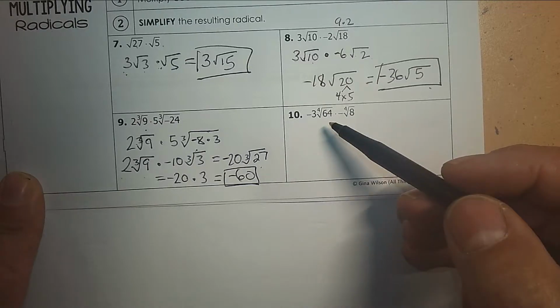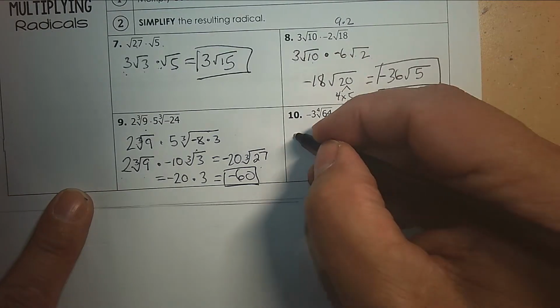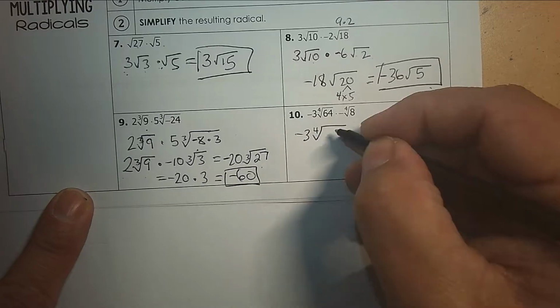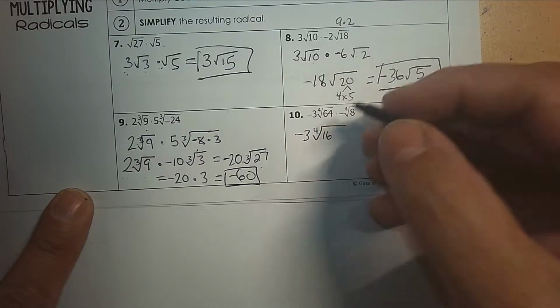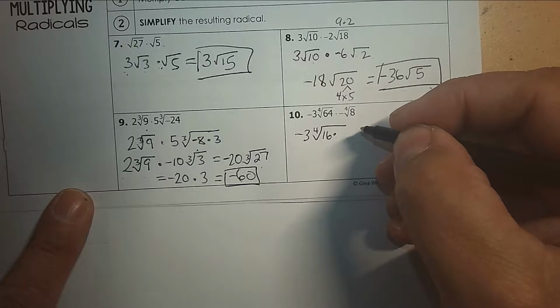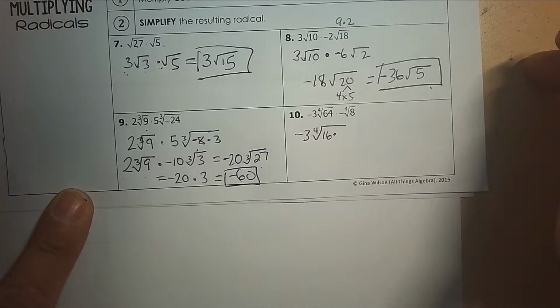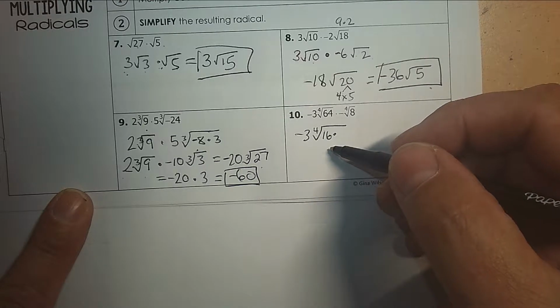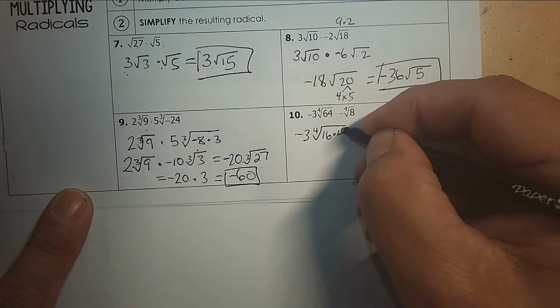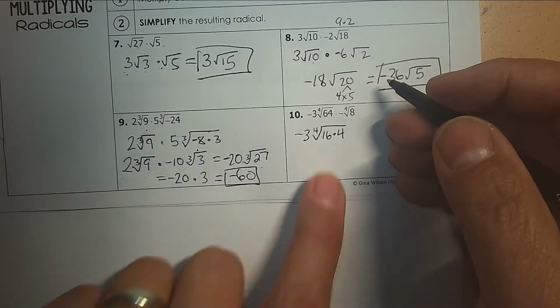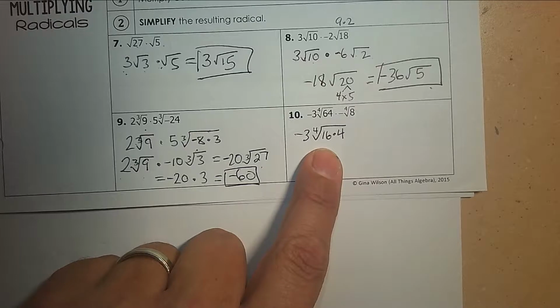Is there a way to simplify the fourth root of 64? That would be 16 times 4. Is it a perfect fourth? 4 times 4 is 16 times 4, right? 16 is a perfect fourth because 2 times 2 times 2 times 2.